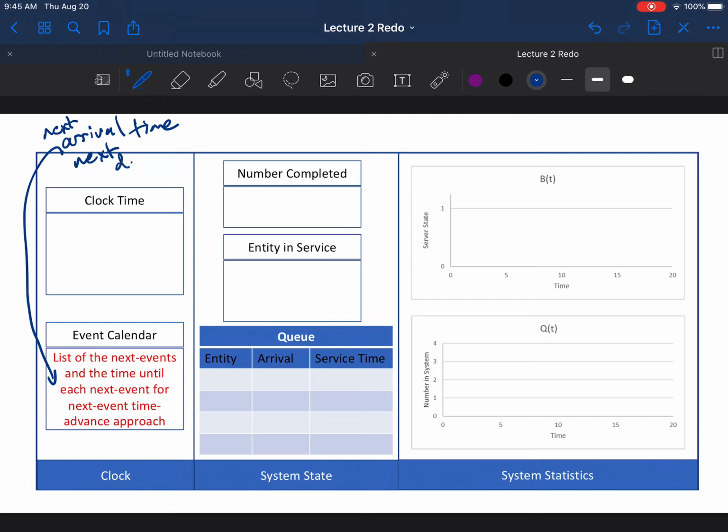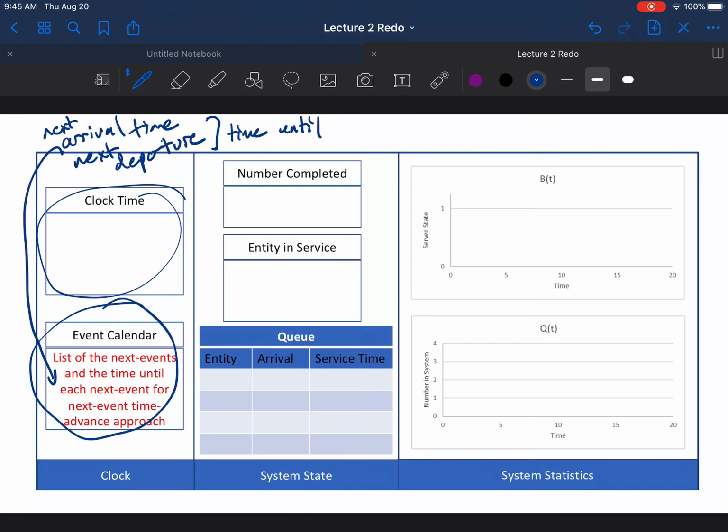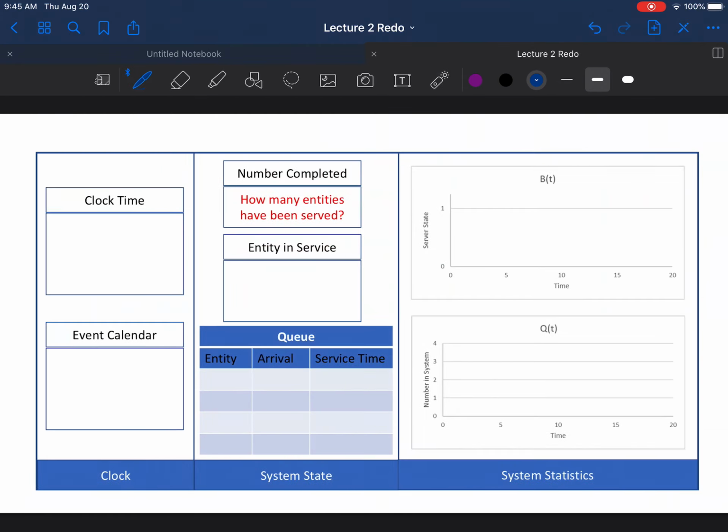Remember, those are the events that we're interested in, and really it's the time until these. It's a combination of these two fields which is going to let us calculate all the other times in the sheet. And we're going to update these things as required in order to do all the calculations we want. So we're using this sheet to help us with our calculations, and you'll see what I mean when we do the example if it's not clear yet.